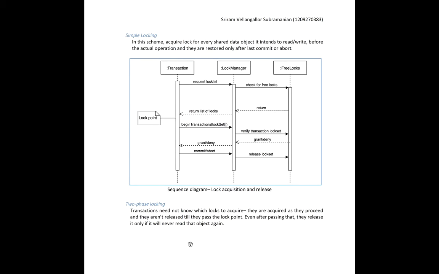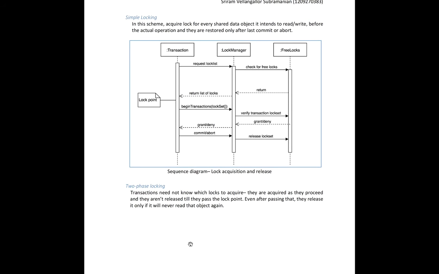In two-phase locking, the transactions do not need to know which locks are to be acquired at the beginning itself. So, as and when a transaction needs resources, it would keep acquiring more locks, and that is the first phase of the two-phase locking.